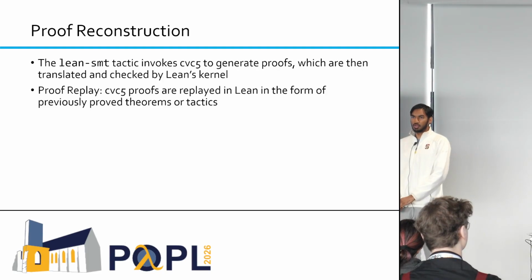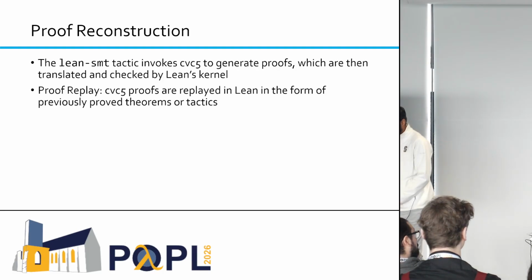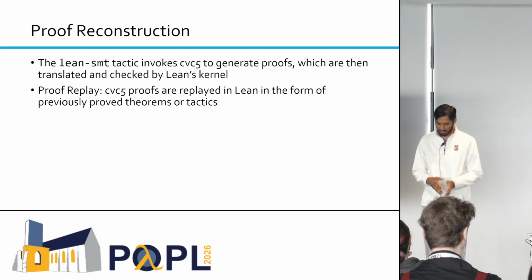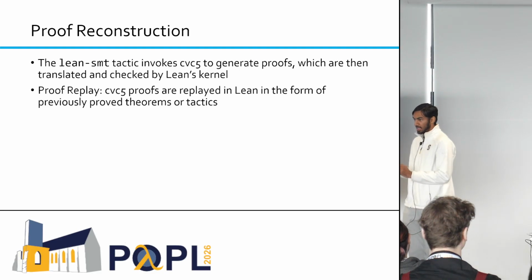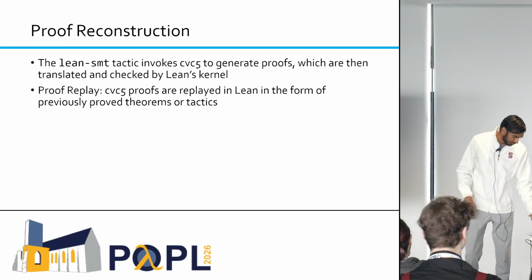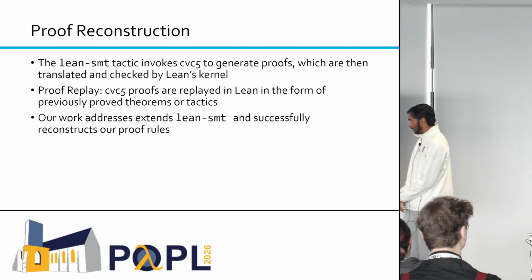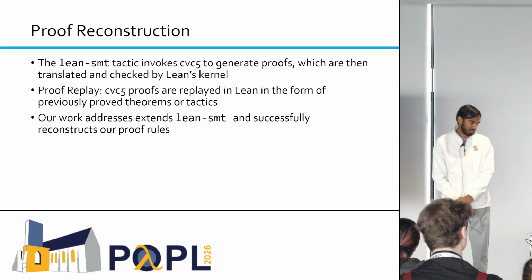In order for this process to work correctly, we need to ensure that for the proof rules in CVC5, there is a corresponding proof rule in Lean, and these are all saying the same thing. So the formalization was mainly to extend Lean SMT for NTA and NRA reasoning.